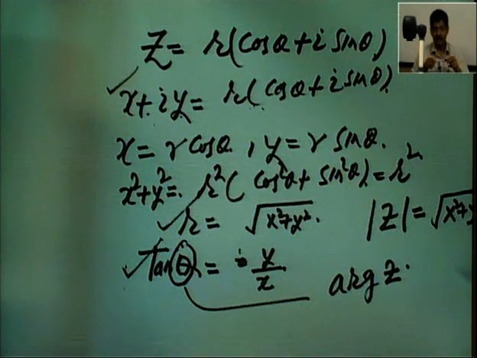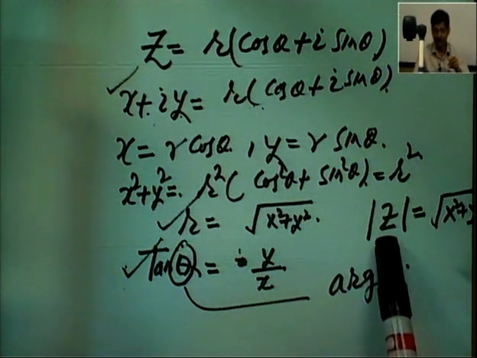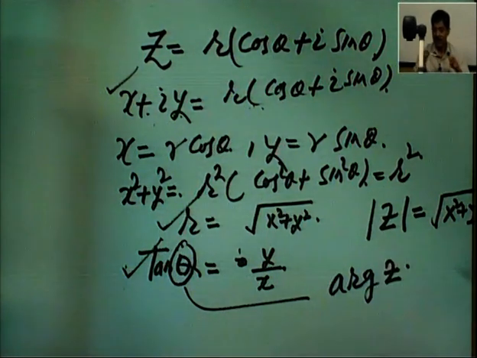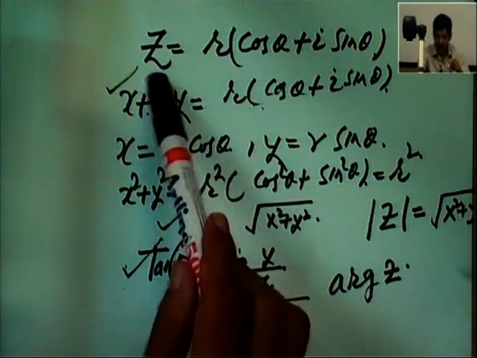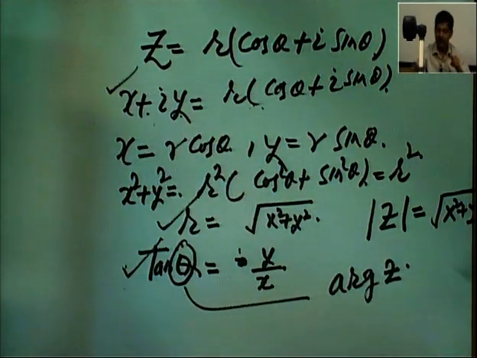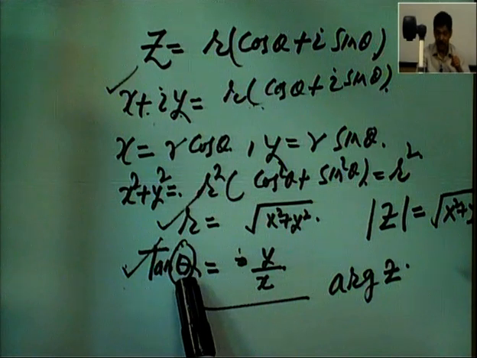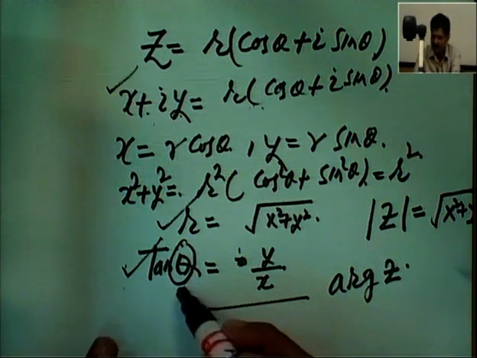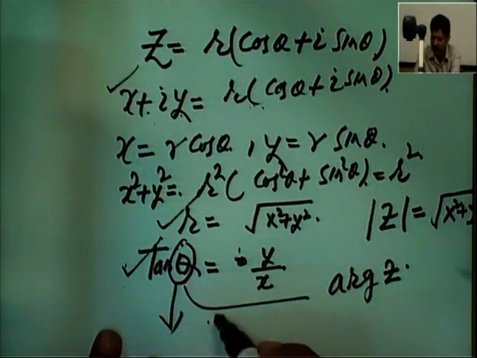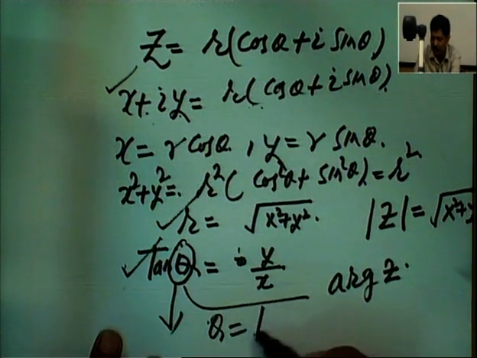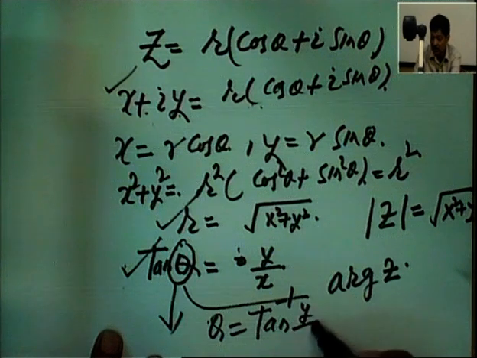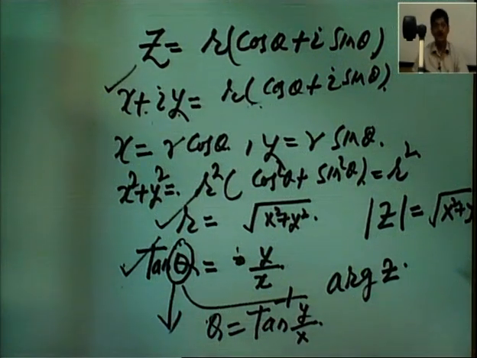And this mod z is known as the absolute value of z or the modulus of z, and theta, not tan theta, theta is known as the argument of z. And those who know a bit of trigonometry, you can write theta is equal to tan inverse y upon x.